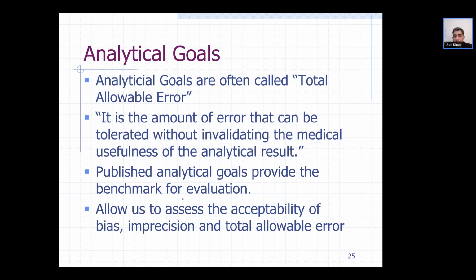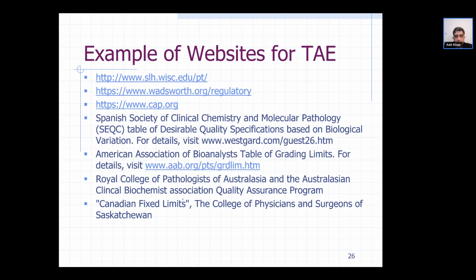There are published analytical goals which you can use, and they allow us to assess the acceptability of the bias. Here you've got some examples, and each one has its own performance standards.